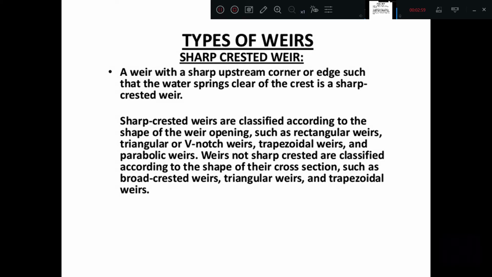Sharp crested weirs are classified according to the shape of the weir opening, such as rectangular weirs, triangular or V-notch weirs, trapezoidal weirs, and parabolic weirs. And weirs that are not sharp crested are classified according to the shape of their cross section, such as broad crested weir, triangular weir, and trapezoidal weirs.